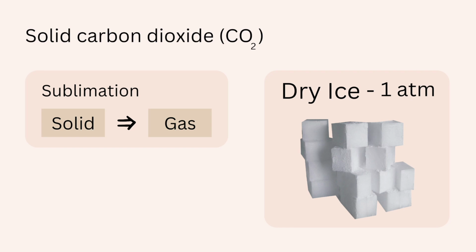So this is one example of pressure and how it is affecting the states of matter, right? Under high pressure, it's solid. When the pressure is decreased, it becomes gas. This is solid carbon dioxide, and we call it dry ice because it never converts to liquid. From solid, it directly goes to gas, right? So that is why we call it dry ice.